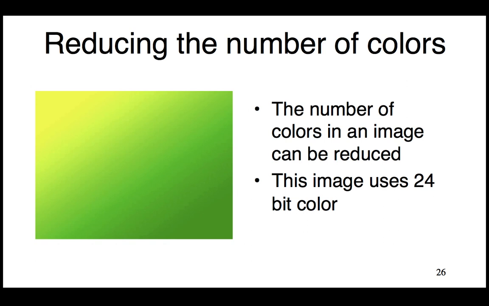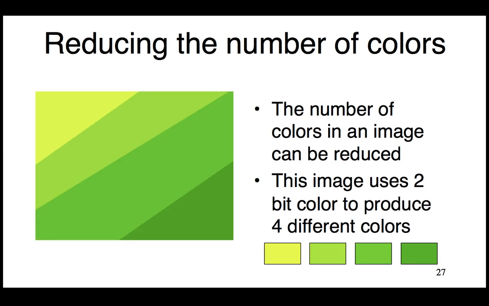And so if we look here, we have an image that's possibly using 24-bit color. Now obviously this is a fairly contrived example. Suppose we decided we were going to represent that using just 2 colors, or 4 colors. We say 2 bits, 4 colors. Well, we'd do something like this. We would have a palette, we call it, of 4 different colors.